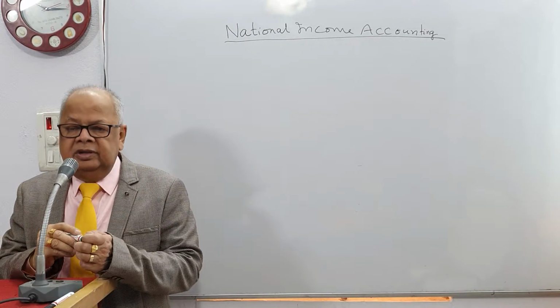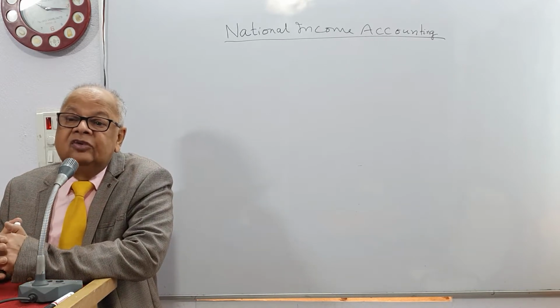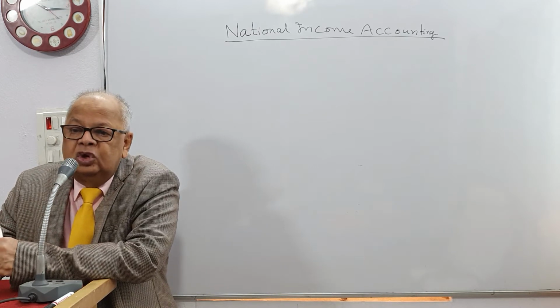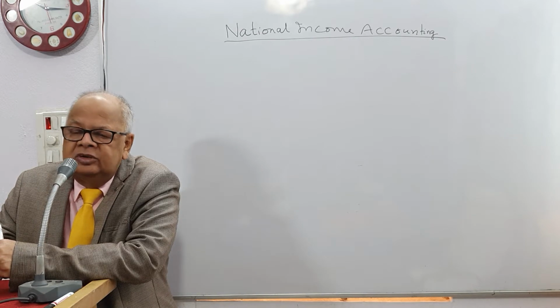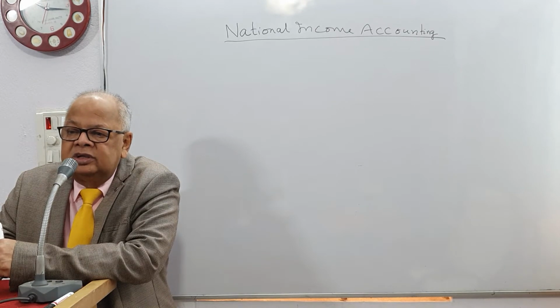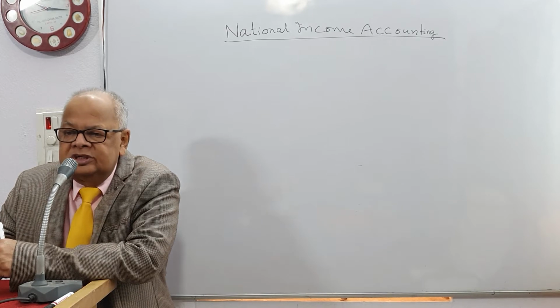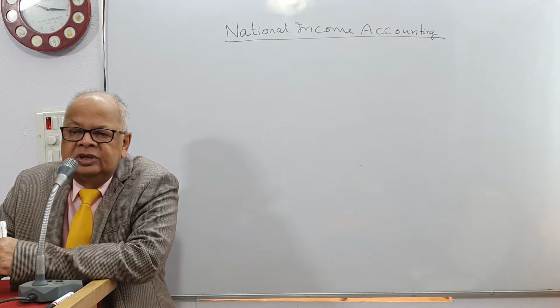National income accounting starts from the definition of economy. Economic activities are those activities for which we pay some money to get it. Free commodities are not known as economic commodities. Economic commodities and services are those which are sold in the market at a certain price.